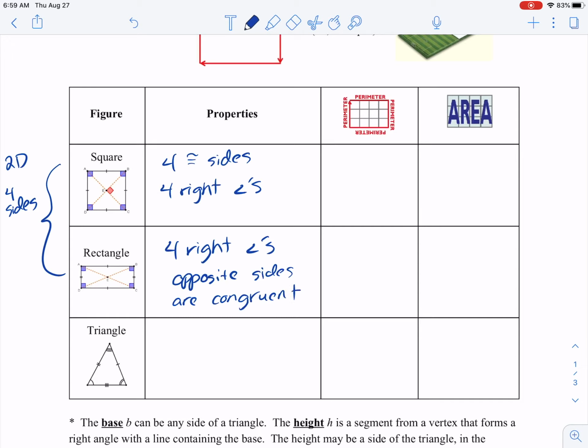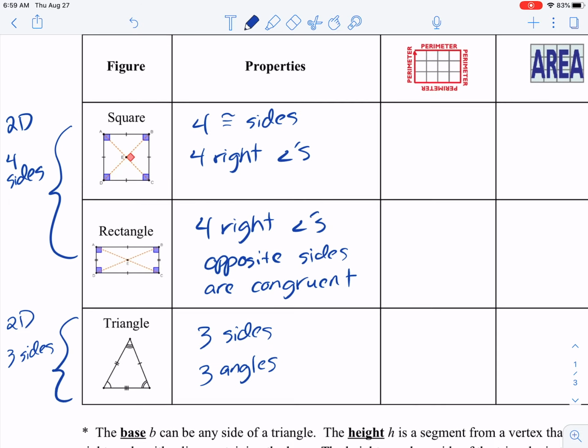And then our triangle is our two-dimensional figure that has 3 sides. And really our only properties of a triangle would be 3 sides, 3 angles. There could be different relationships with those sides and angles, but for now, just our most basic definition, 3 sides and 3 angles.